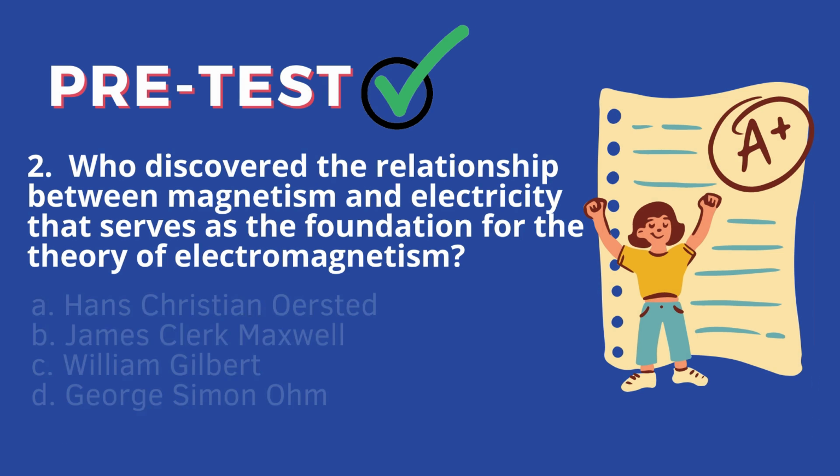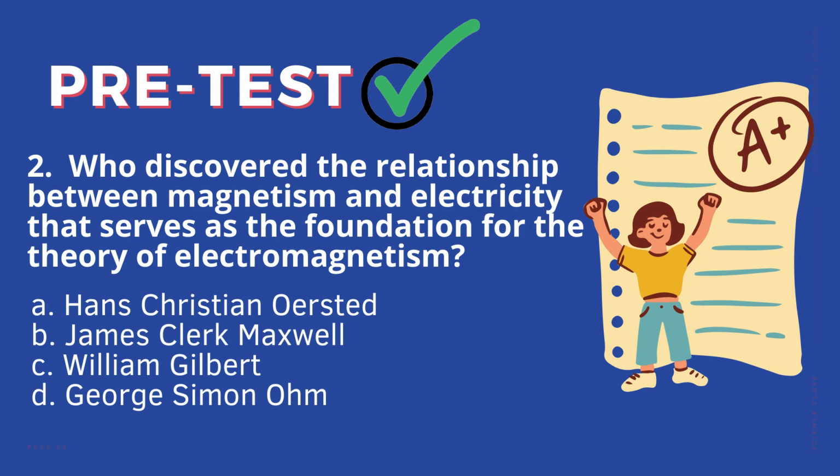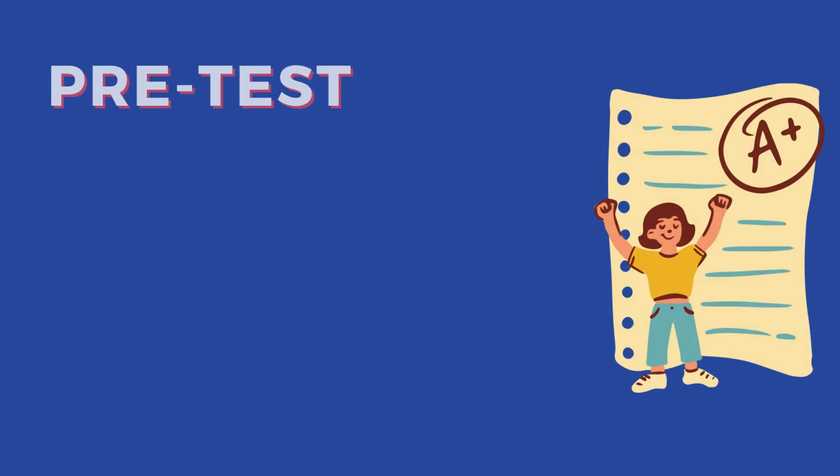2. Who discovered the relationship between magnetism and electricity that serves as the foundation for the theory of electromagnetism? A. Hans Christian Ørsted. B. James Clerk Maxwell. C. William Gilbert. D. George Simon Ohm. 3.